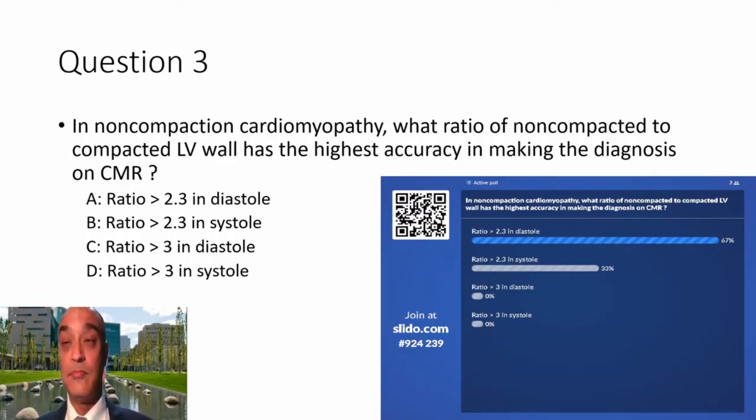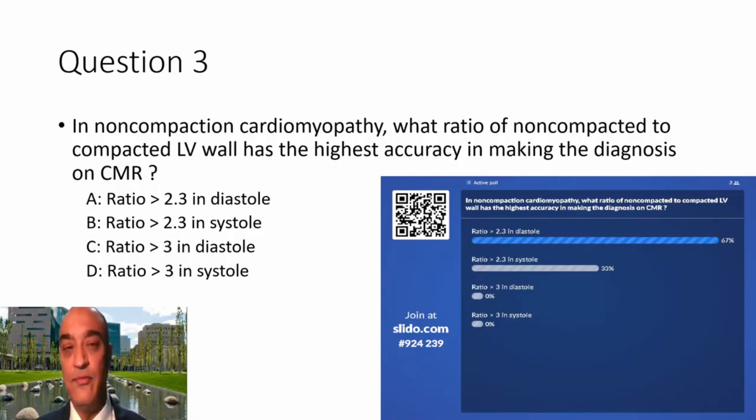So two thirds of the people have answered a ratio of more than 2.3 in diastole. Yes, that is indeed the correct answer, as we had discussed. Echo has slightly different criteria, but in 2021 and beyond, CMR is the gold standard for accurate assessment of non-compaction cardiomyopathy, and I would refer to the guideline document that I highlighted.